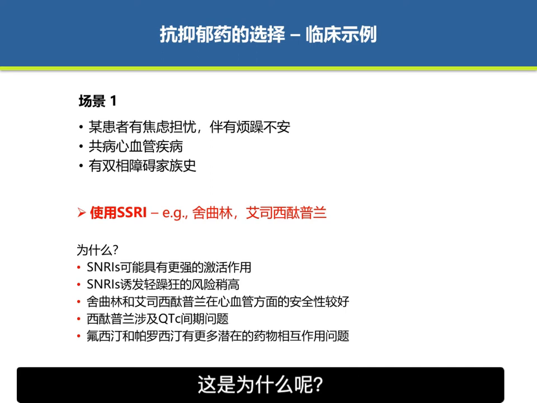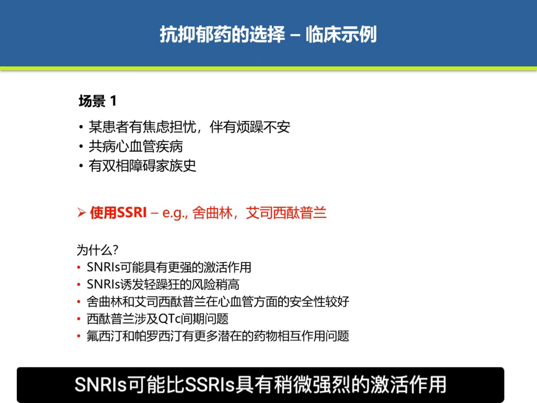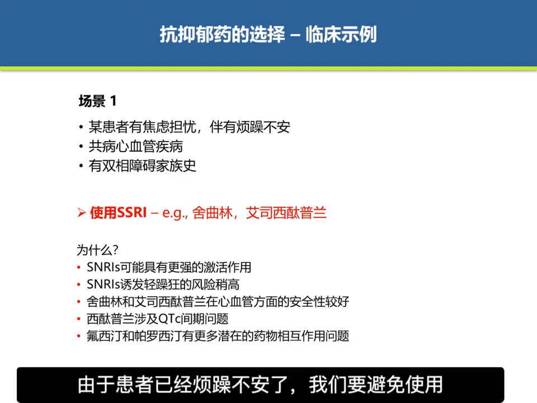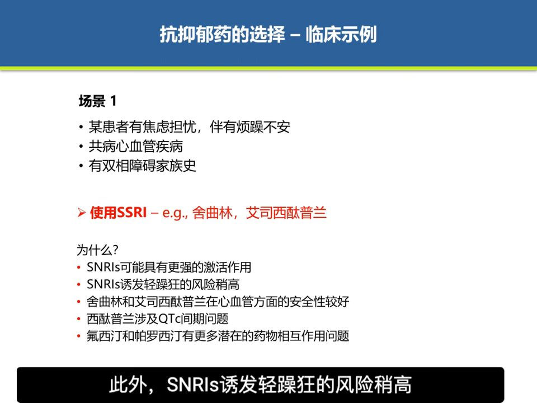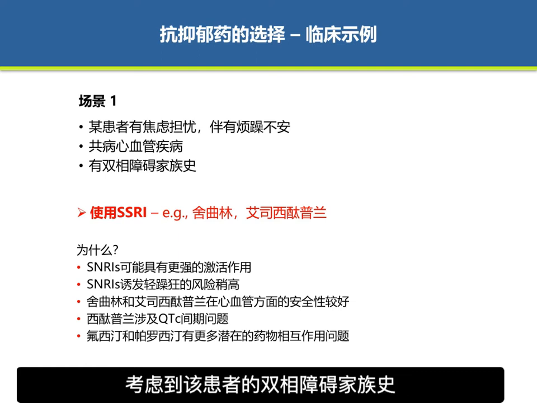And why is that? Well, SNRIs may be slightly more activating than SSRIs, and because this patient is already agitated, we might avoid those. In addition, SNRIs have a slightly higher risk of hypomanic responses, and given the family history of bipolar disorder in this patient, you might want to avoid SNRIs as a first choice treatment.